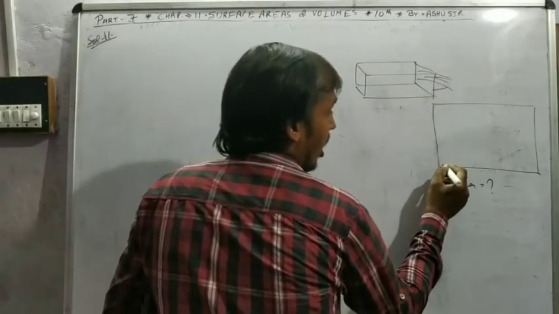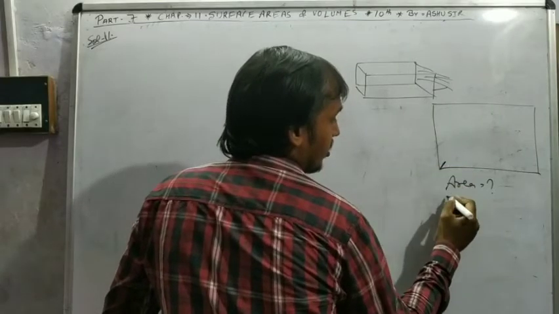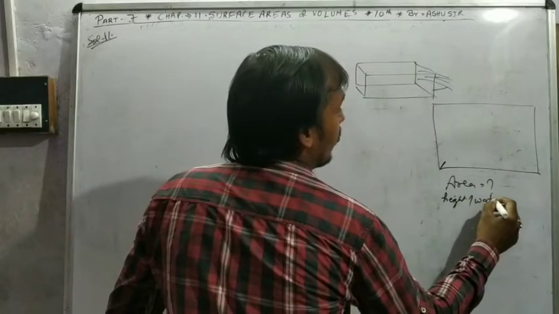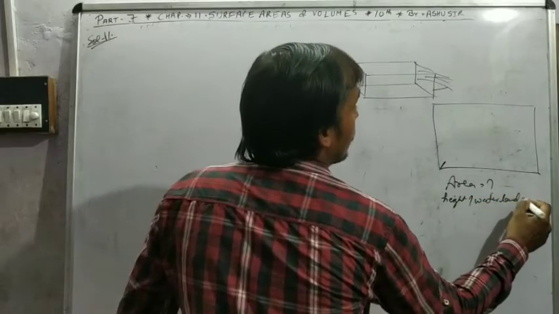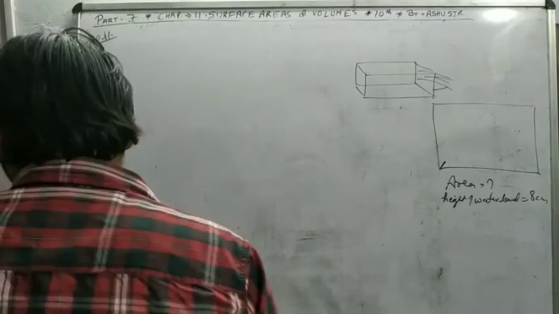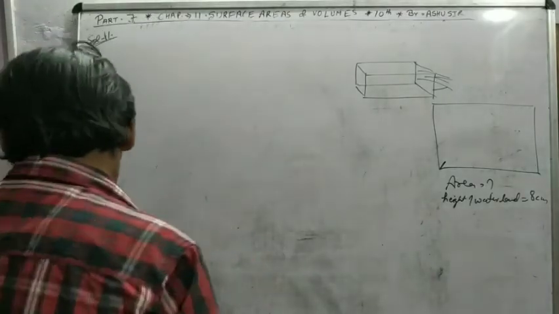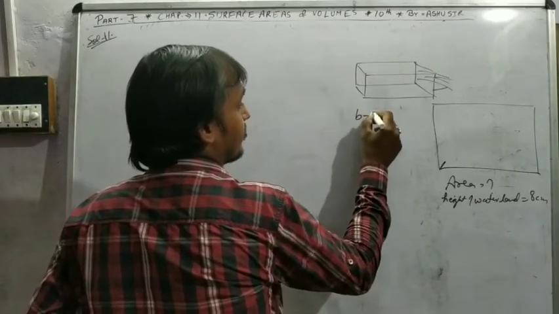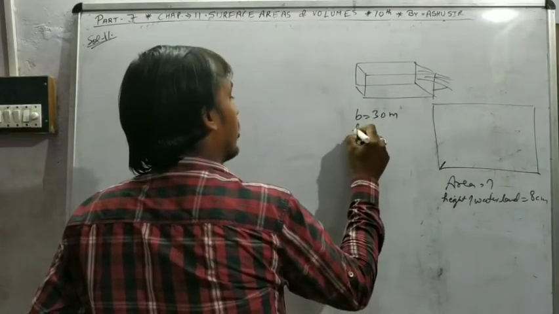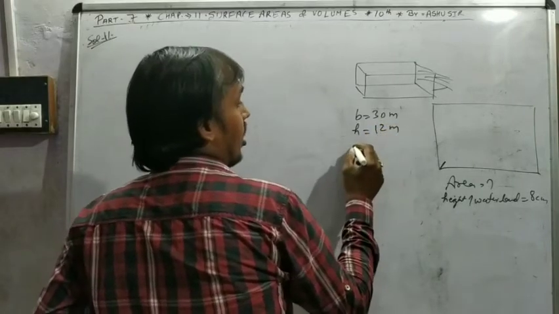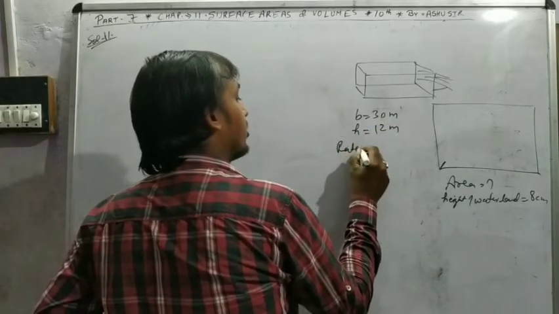It has 8 centimeter of standing water, meaning the height of water level is 8 centimeter. The canal is in the shape of a cuboid because it is 30 meter wide, 12 meter deep. Length is not given.